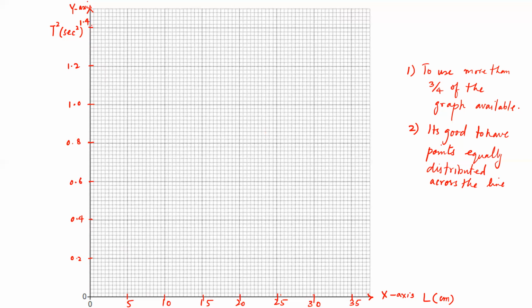So we have a good distribution of all the values over here. Now let's see where exactly we are having the plot. For 15, we have 0.58. So 15 is here on the x-axis, and on the y-axis 0.58 is somewhere here.